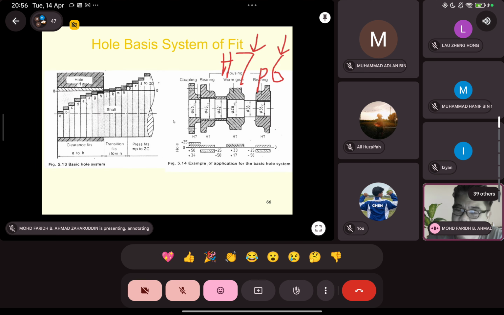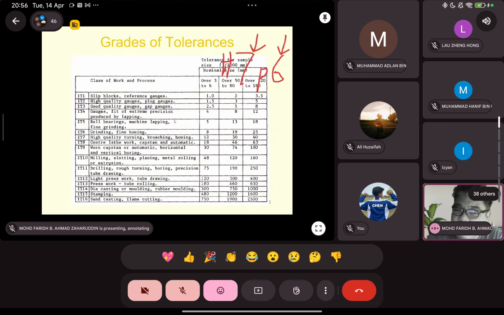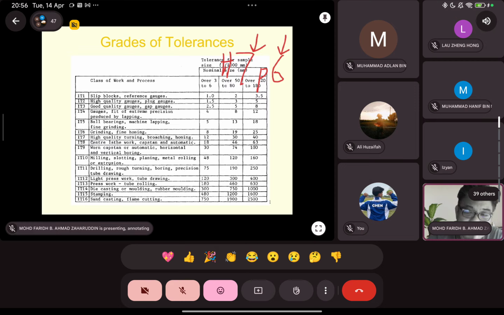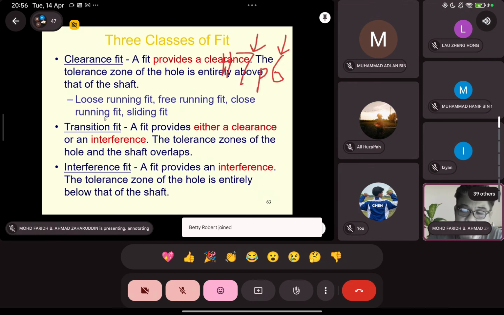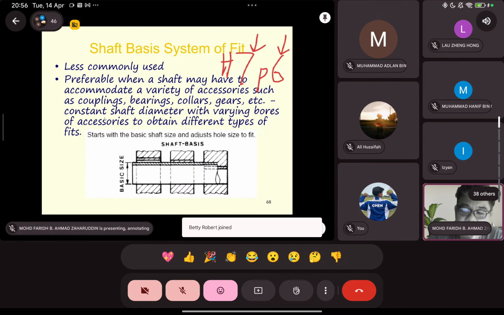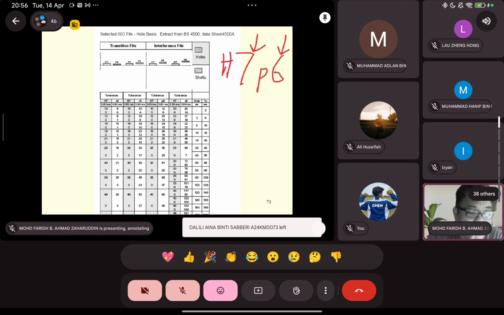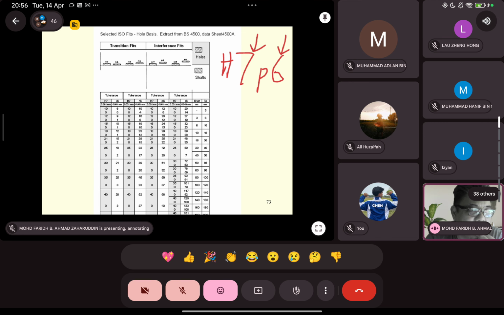Okay, saya tunjuk. Mungkin ramai yang tak perasan ni. Nampak tak ni? Okay, this one, IT1 to IT16. Right, jangan lupa. Teori benda-benda macam tu kena tahu. Okay, now, so back to the question now.